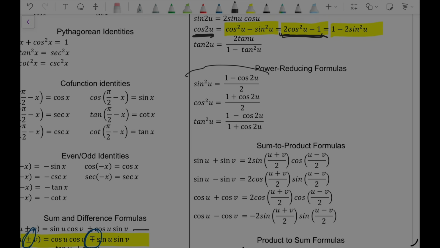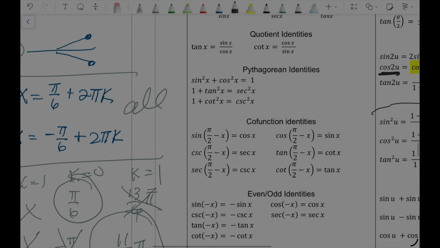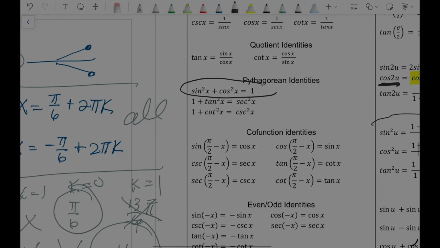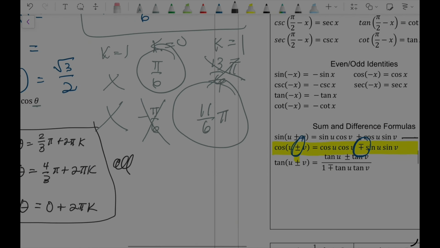Well, it might get a little bit ugly, but one option would be to replace sine squared with... I could use power reducing, but actually, why not instead just use Pythagorean identity? That would be probably a better choice. Okay.